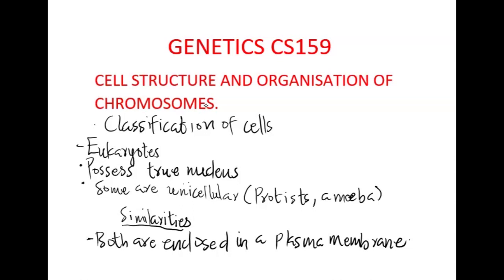Some properties of eukaryotes: they possess a true nucleus, unlike the prokaryotes who do not. True nucleus is the keyword. Some are unicellular, so a eukaryote can be multicellular or unicellular. An example is protists, like amoeba.